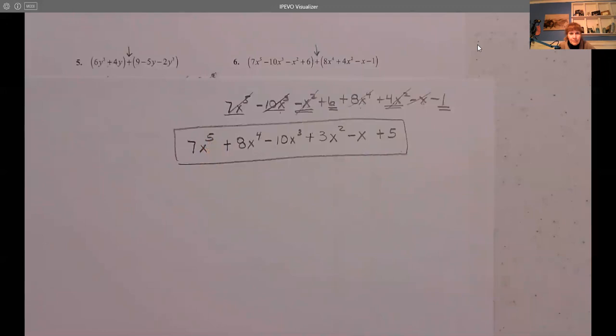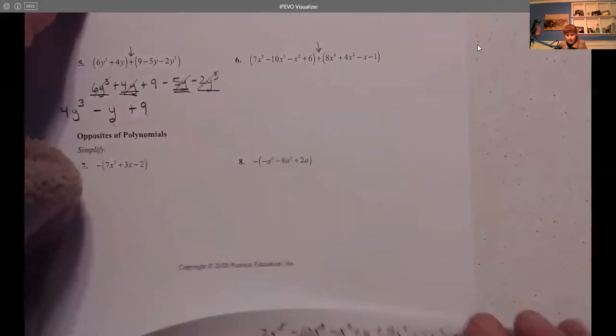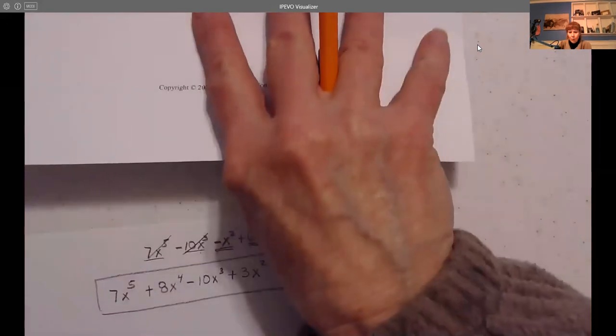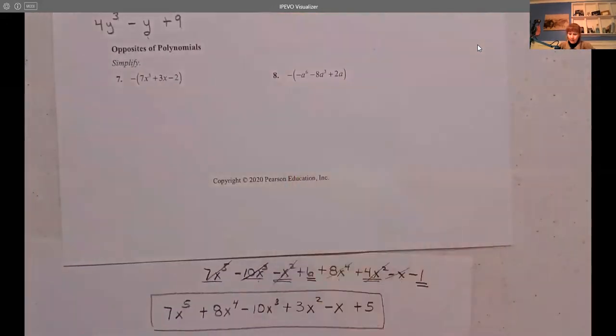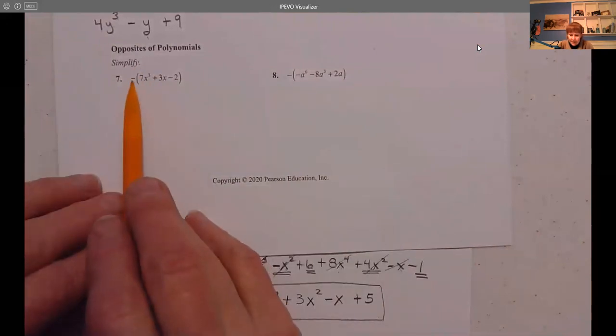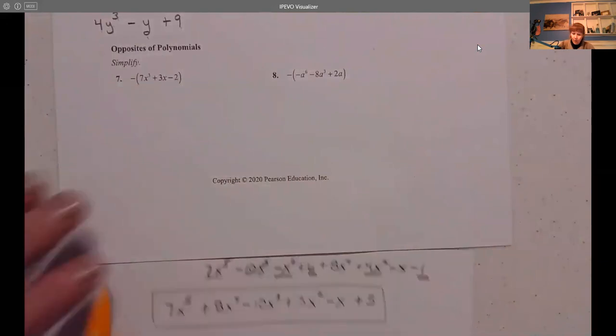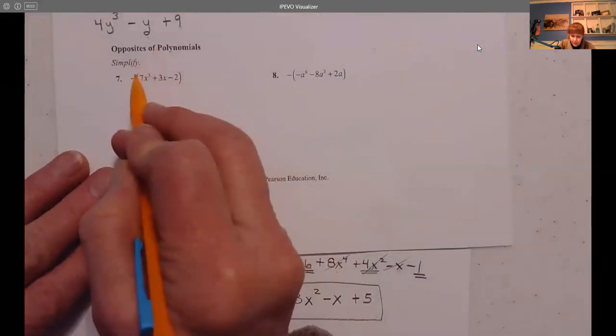All right, so great. Let's look at some more examples. Let's look at what happens if rather than a plus sign, I have this negative outside of the parentheses. Well, we've talked about this before. If you have a negative outside the parentheses, this is a great review.